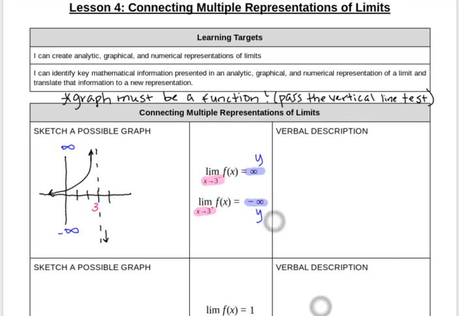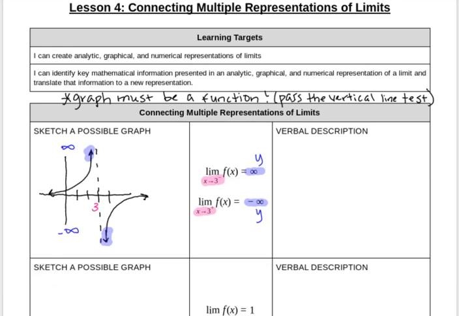And then if I come from the other side, I'm going to have this horizontal asymptote here as well. The key part that I need to pay attention to is that my left limit is infinity and my right limit is negative infinity. And that's really all I have to pay attention to on this one. I hope that makes sense.